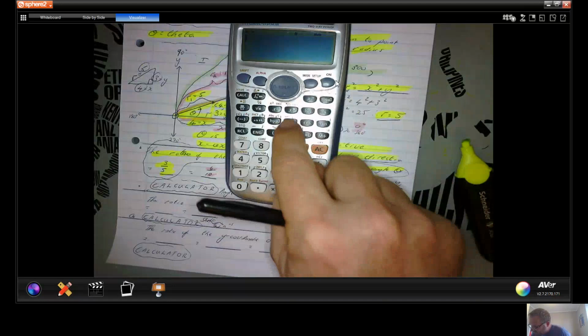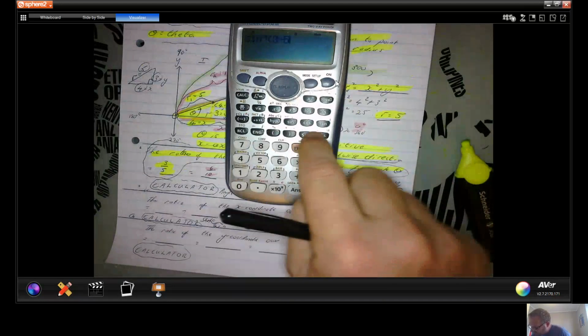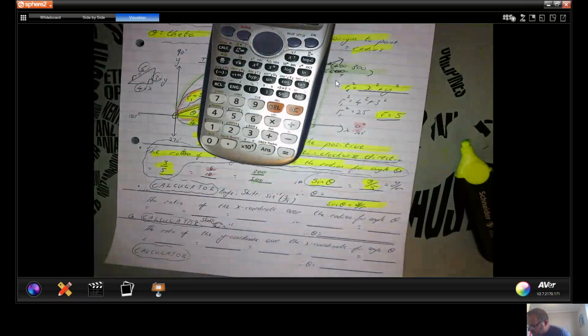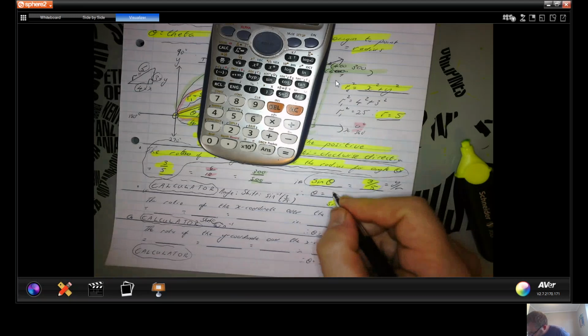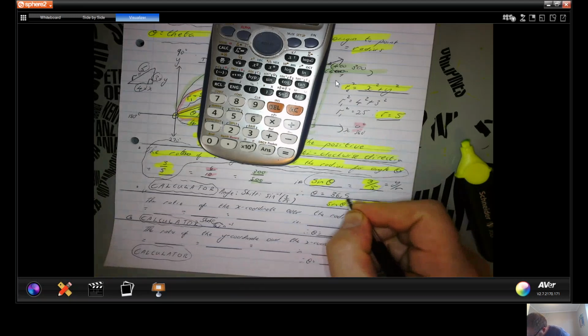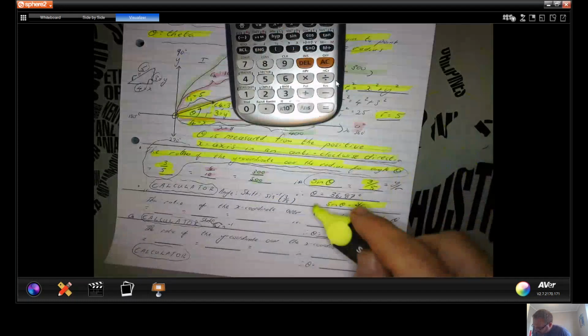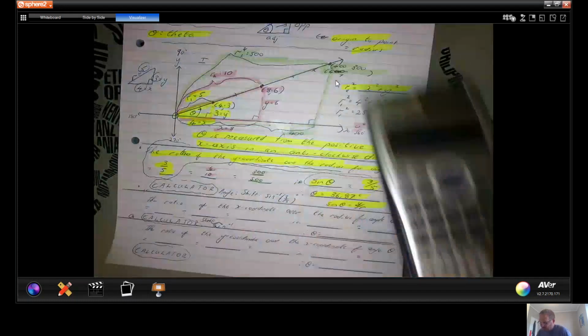Shift sine to the -1 of 3 divided by 5, close brackets, equal, and let's do it to 2 decimal places. So it'll be 36,87 degrees. That's going to be the size of angle theta over there.